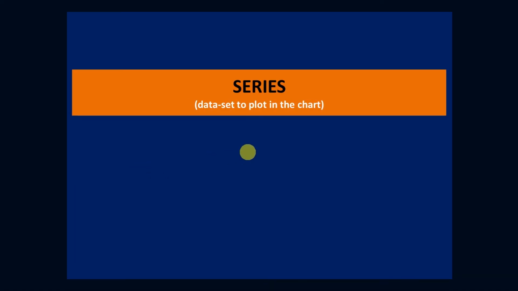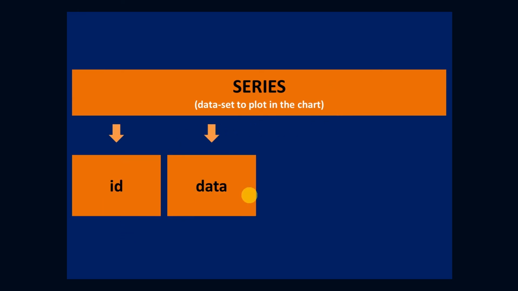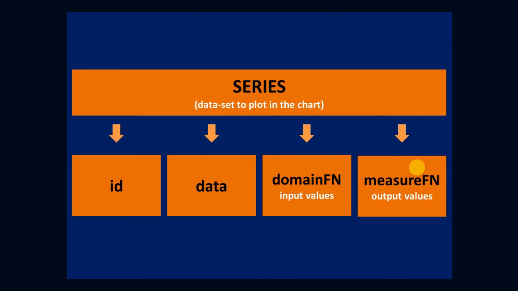So now that we've created our list of data, we can use that to create a series list which will populate our chart. To do that, we'll be using the series class, and that has 4 required properties. The first is an ID, the second is data, so that's the list of data we just created. The third is a domain function, which is the input values for the chart, and lastly is the measure function, which is the output values.